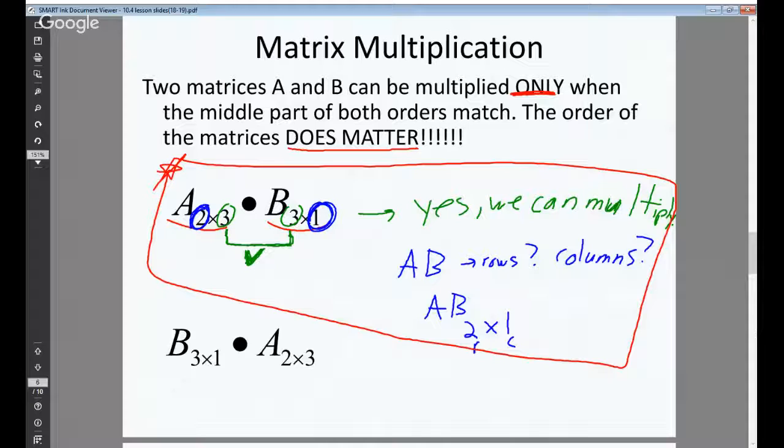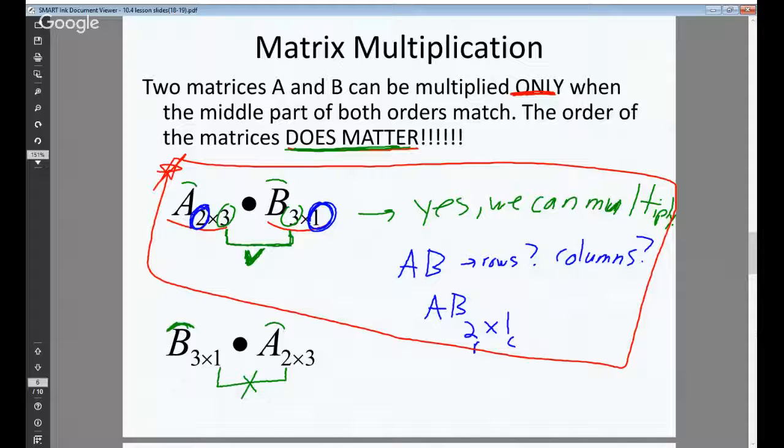Now, to emphasize the fact that order does matter, let's say, for example, instead of A times B, I want to do B times A, this time where the B is in the front. They're still the same matrices, they're just being flip-flopped. Let's check the inner dimensions.